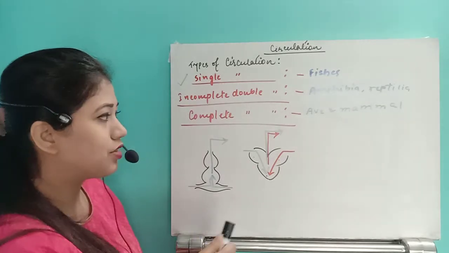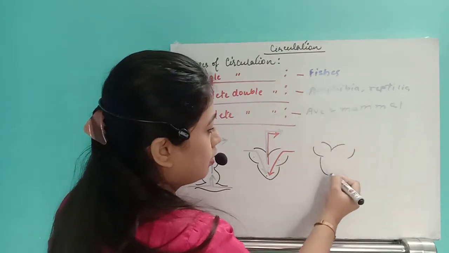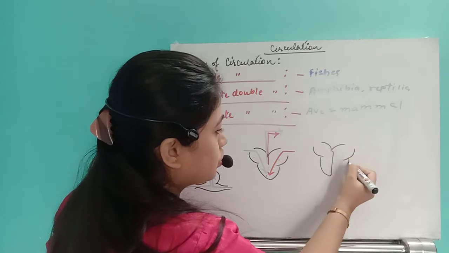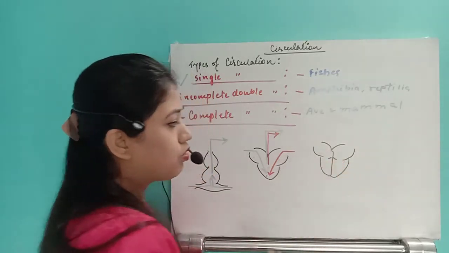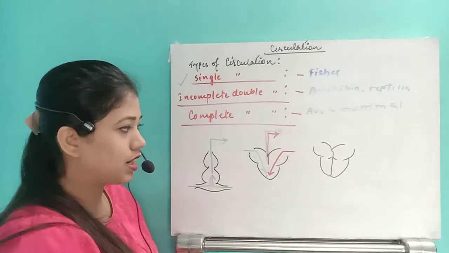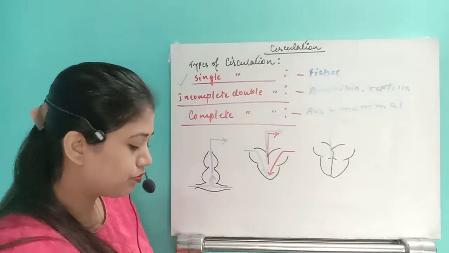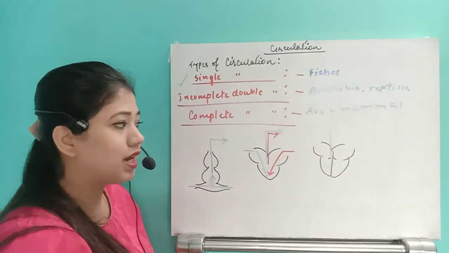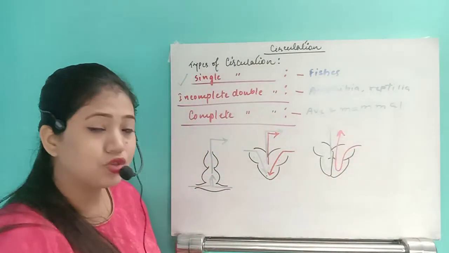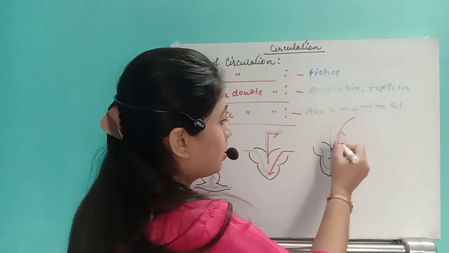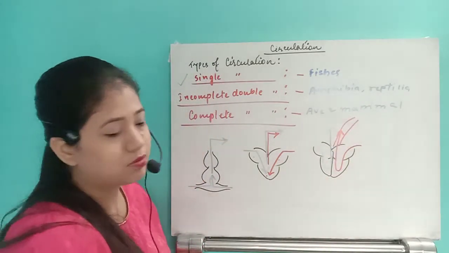Now after that, the last one, that is avian and mammal. What is happening in avian and mammal? Here the complete separation of the right side and left side, auricle and ventricle, occurs, so that from the right side only the deoxygenated blood is pumped, and from the left side only the oxygenated blood is pumped out. There is a separation of the oxygenated and deoxygenated blood.